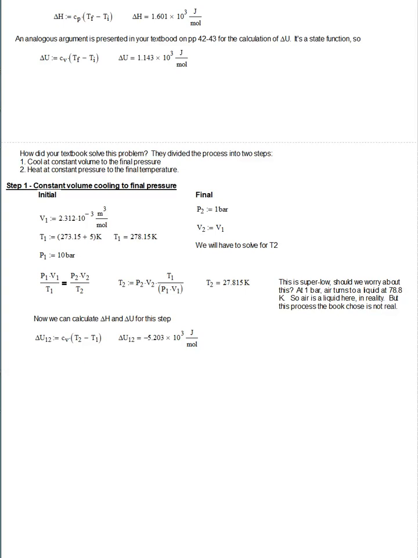All right, what about the delta H? This is a constant volume process. We can calculate delta H. The way your book does it is they use the definition of delta H is equal to delta U plus P delta V plus V delta P. Since delta V is 0, this term goes away, and we're left with delta U plus V delta P, and we get this answer, minus 7284 joules per mole.